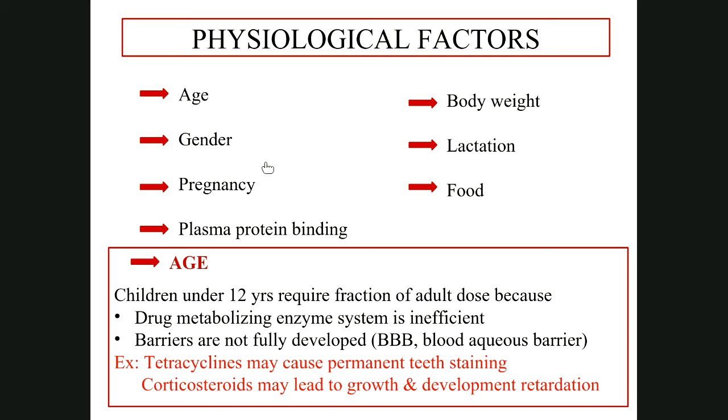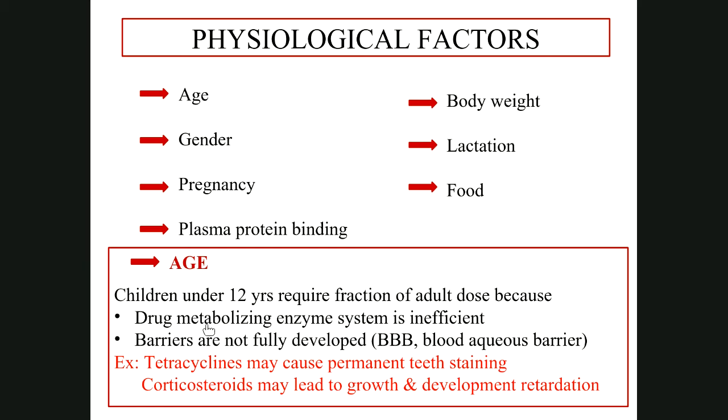So age. Children who are under 12 years of age require less dose when compared to adults because their metabolizing enzymes might be less, or their barriers, that is the blood brain barrier or blood aqueous barrier, may not be fully developed. So a fraction of the adult dose must be given to children who are 12 years or younger.